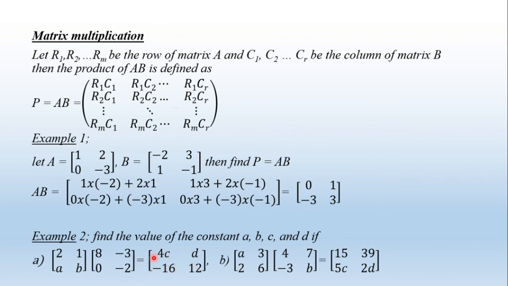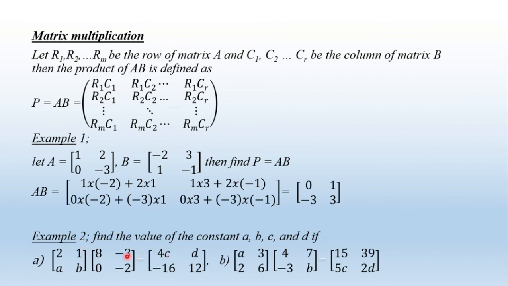And B: a 3, 2b times 4 7, -3 6b, and the product will be 15 39, 5c 2d. Please try to write this question on paper and let us do it together. So how do we solve it?